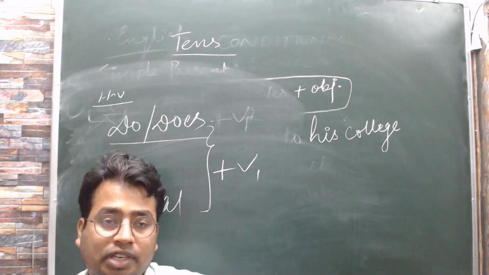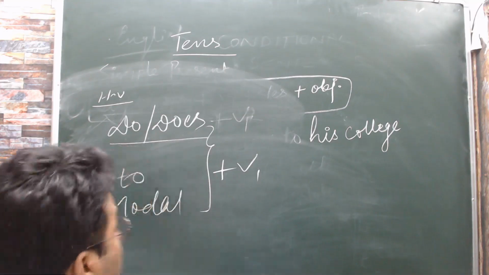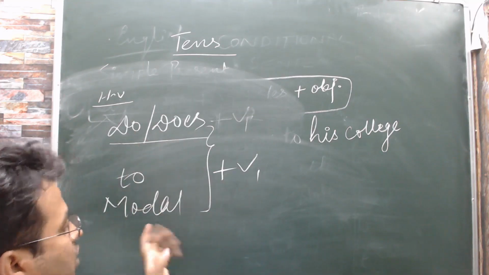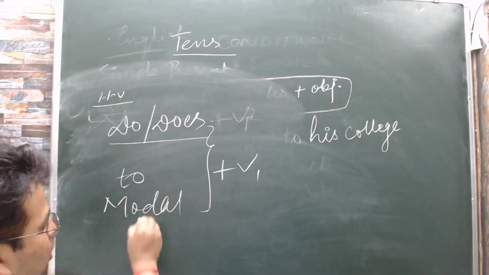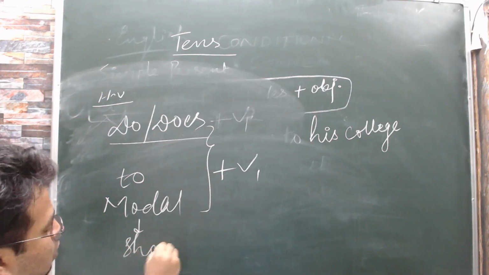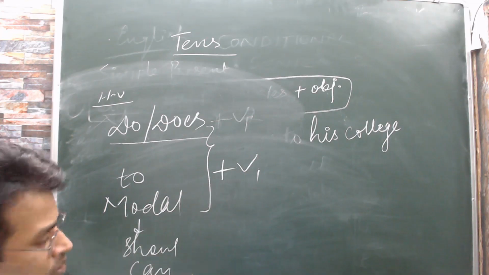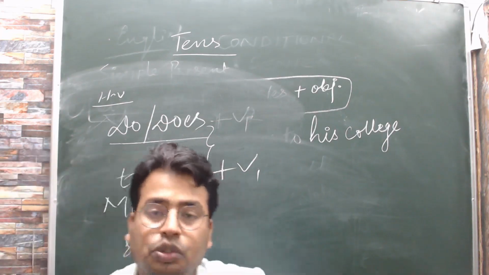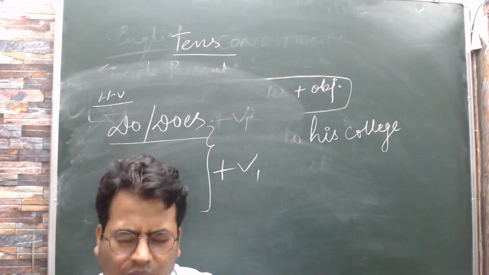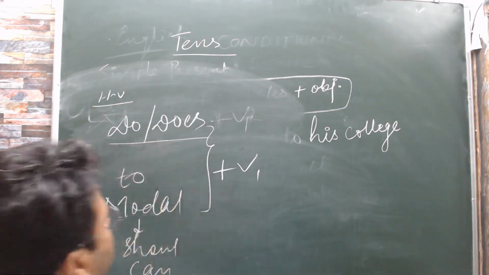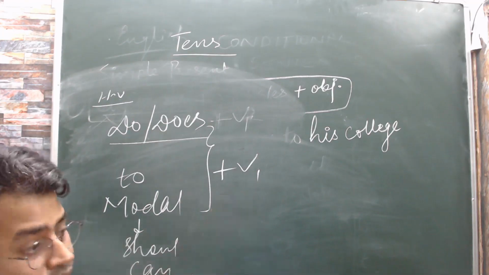So you always keep it in mind that we cannot use any other form of verb with do, does, to, and any modal. Modal is like should, can, could, must, ought to, need. All of them are the modal. There are 13 modal, right? So with all of them, we use verb first form.